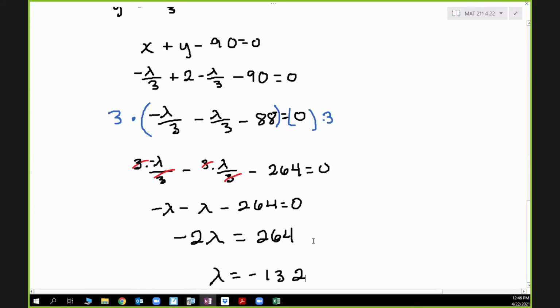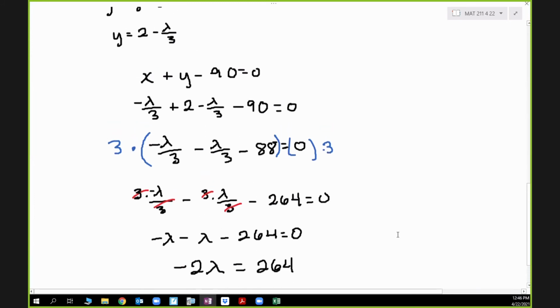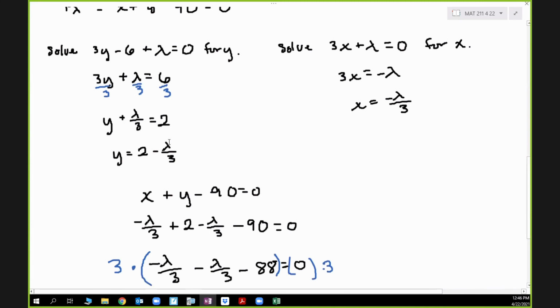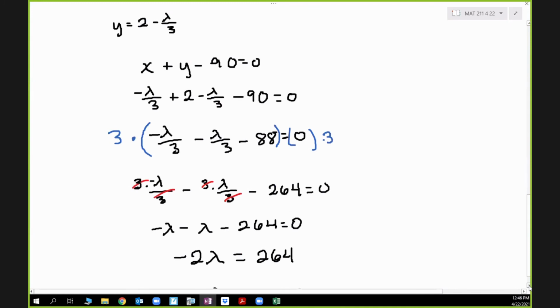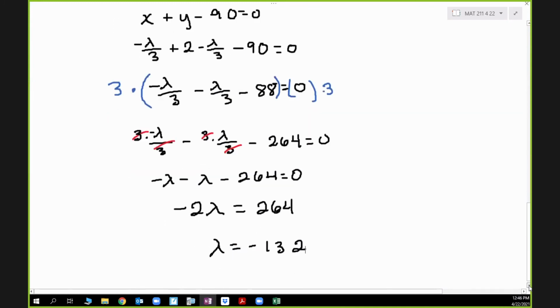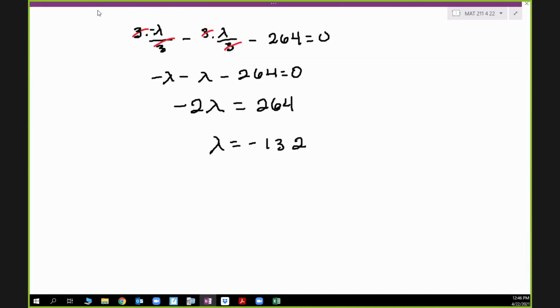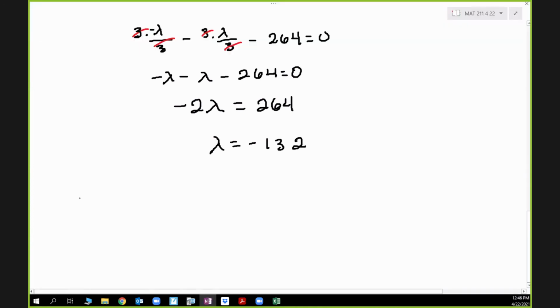So once we know lambda, we can go back to these two equations that we had in terms of lambda for y and x and find x and y based on our lambda. So I'm going to write those down here. So we have x was equal to negative lambda over 3.